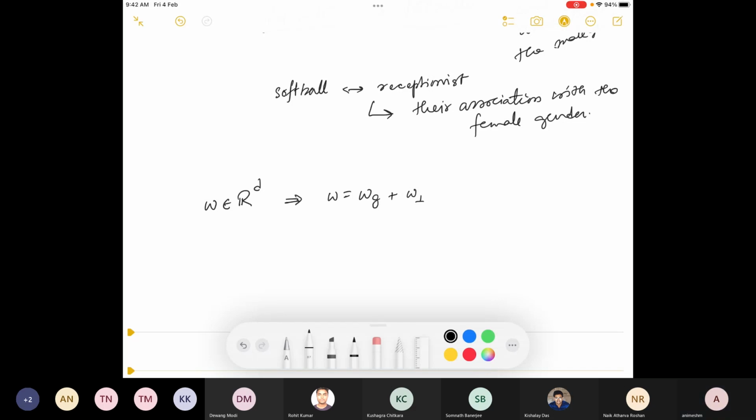Now this is the gendered part of the word W. Now, how do I compute WG? Any idea?